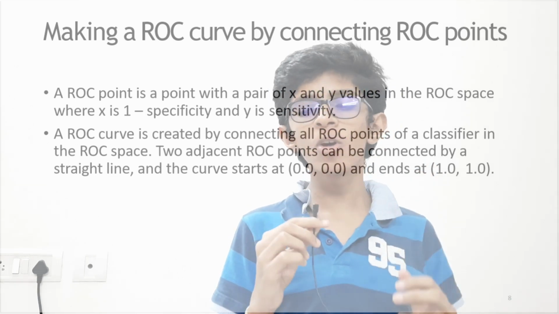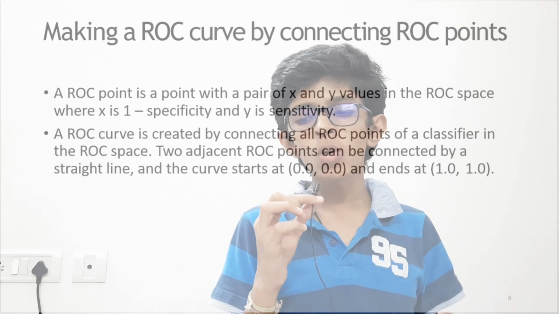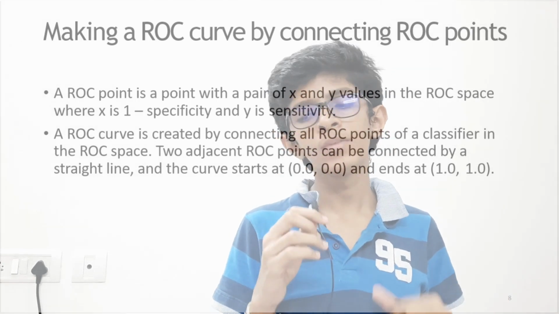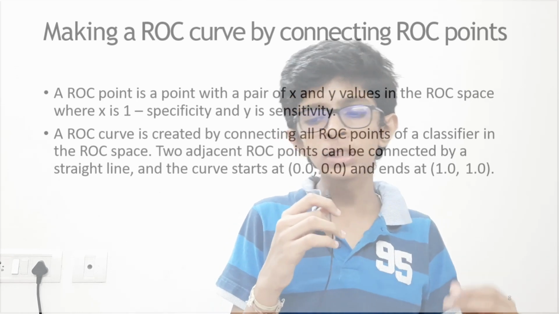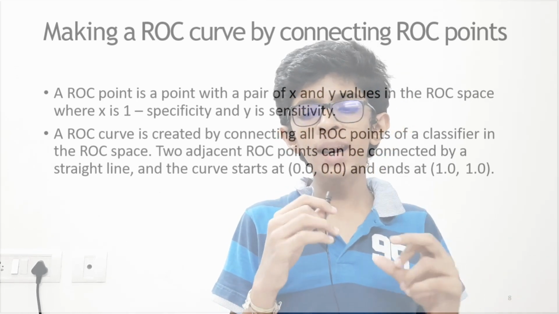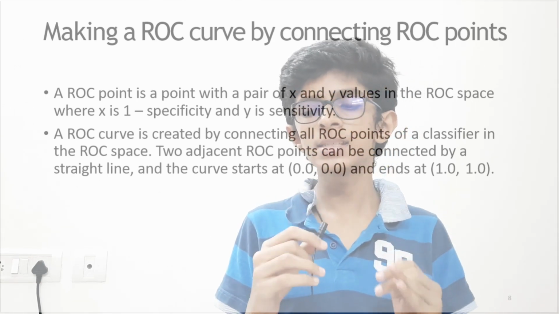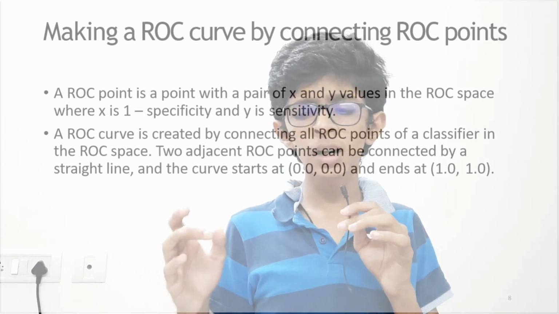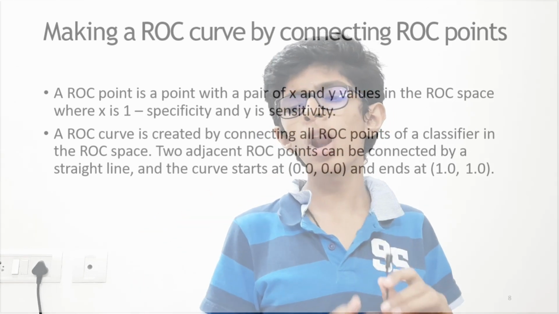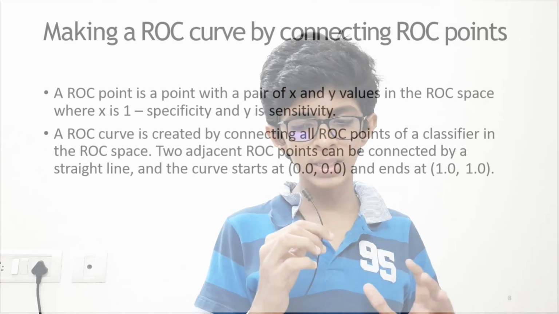We make a ROC curve by connecting ROC points. A ROC point is a point with a pair of x and y values in the ROC space, where x is 1 minus specificity and y is sensitivity. A ROC curve is created by connecting all ROC points of a classifier in the ROC space.